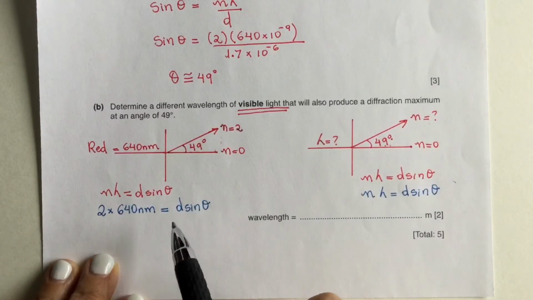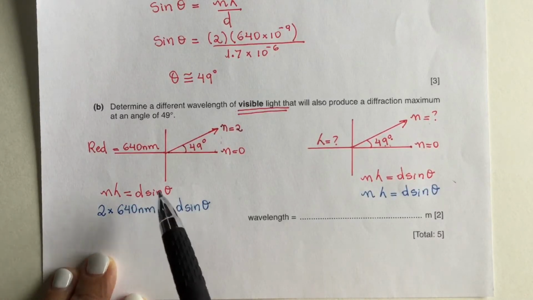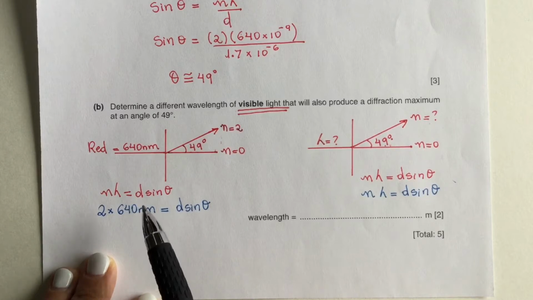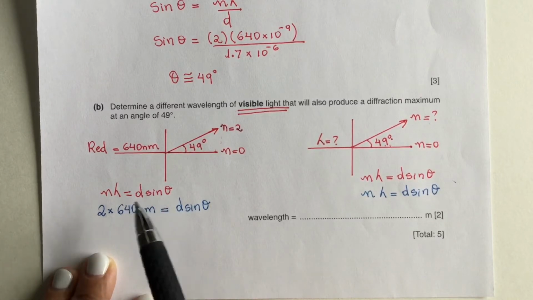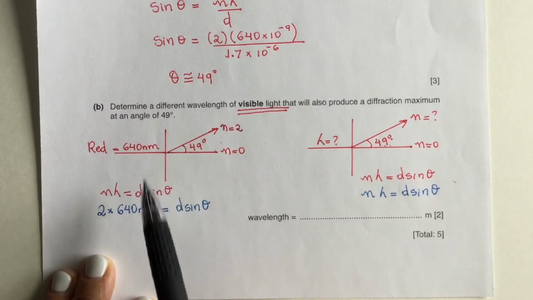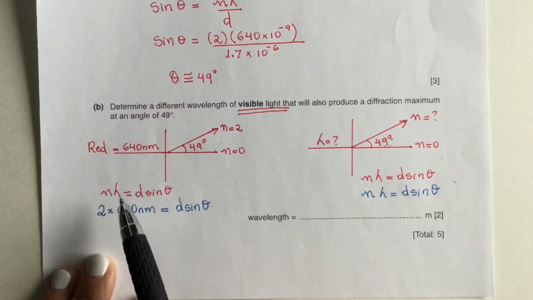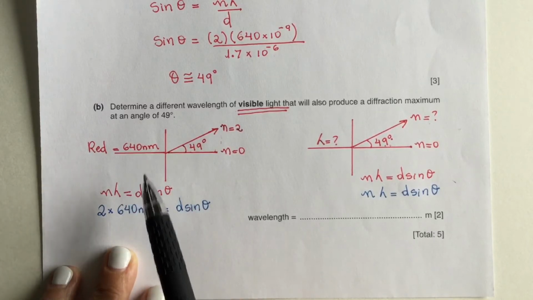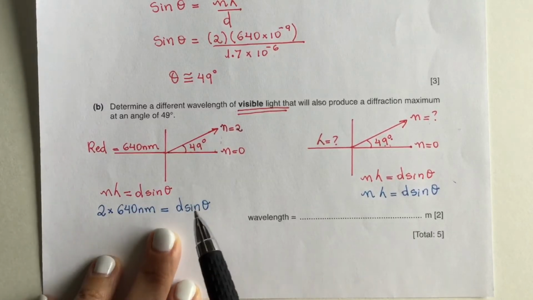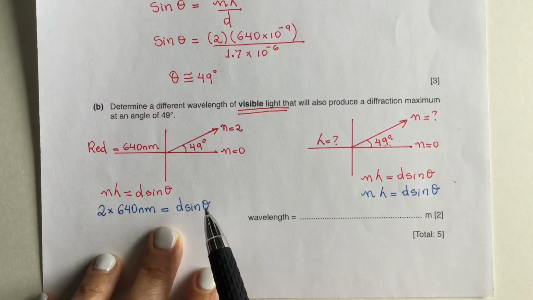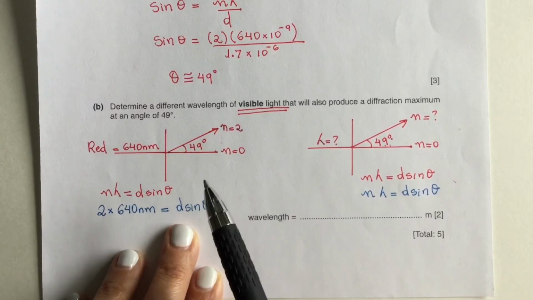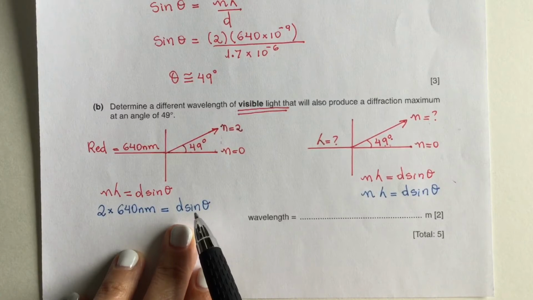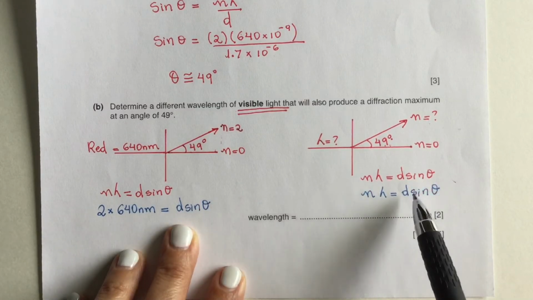Now, with this blue ink, I'm showing the next step of my formula substitution. So in this case, my n is 2, my wavelength is 640 nanometer. The d was provided, but it is the same as in this one.